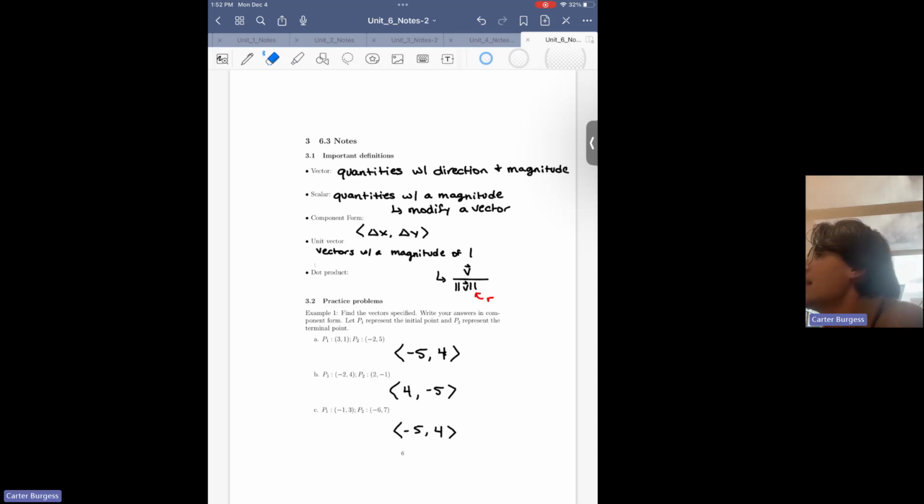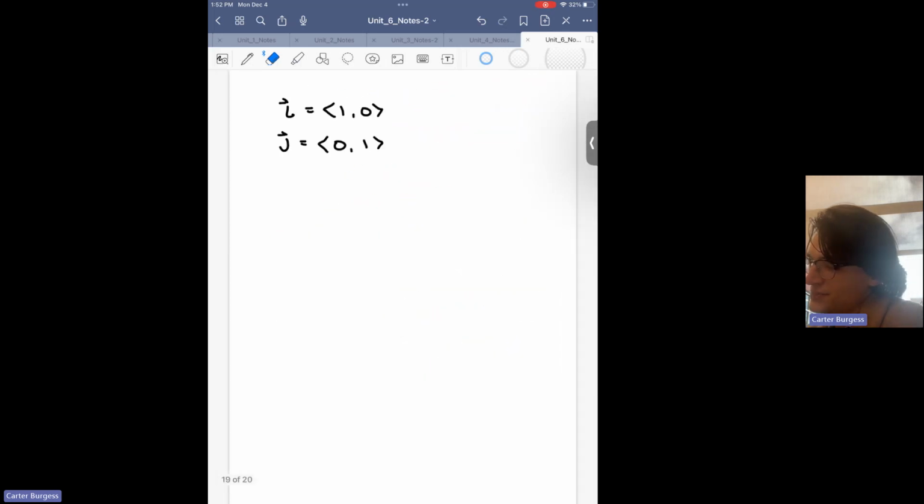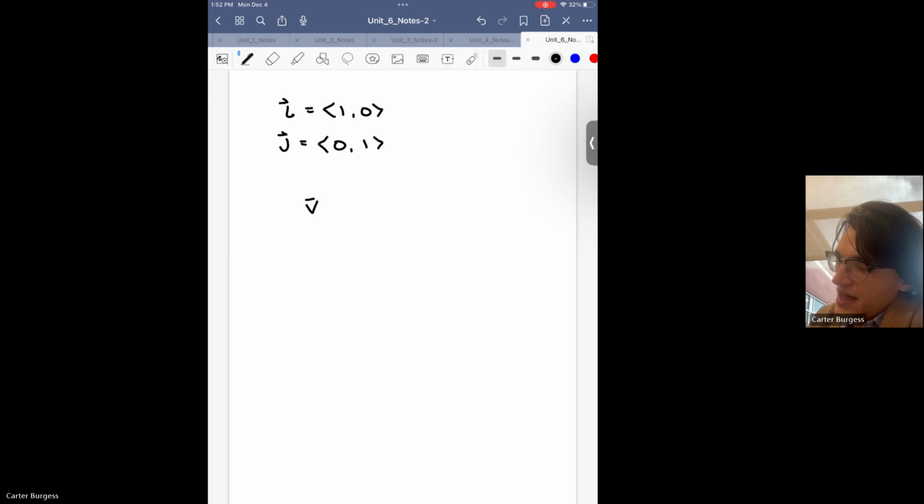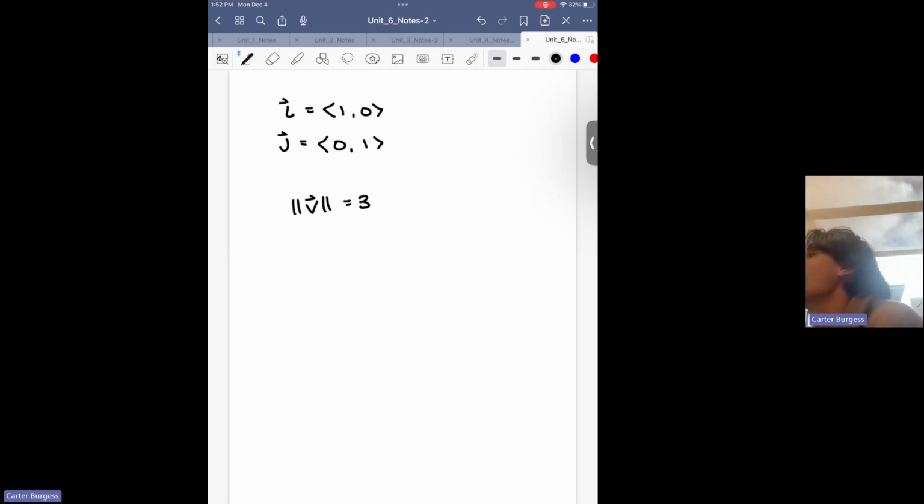Now, if we're thinking about how we might strip away that magnitude, for instance, let's say we have a vector that has a magnitude of 3. What would I need to do to this vector in order to, first of all, make sure I'm not changing the direction?